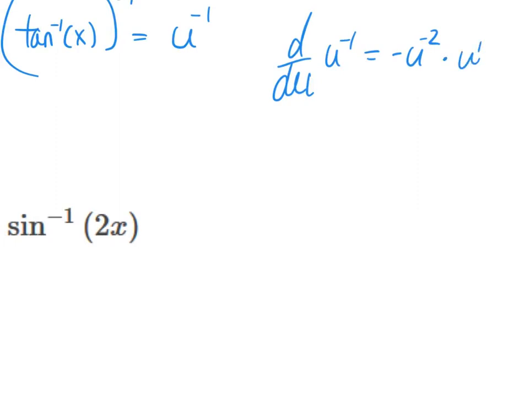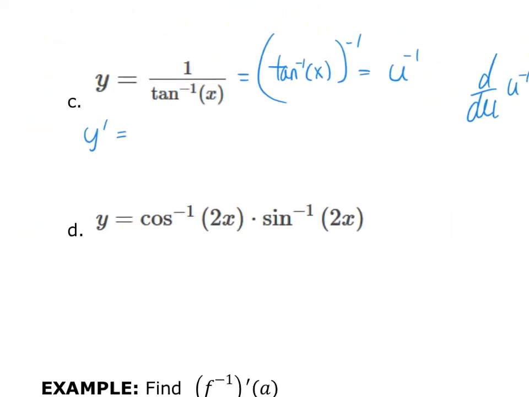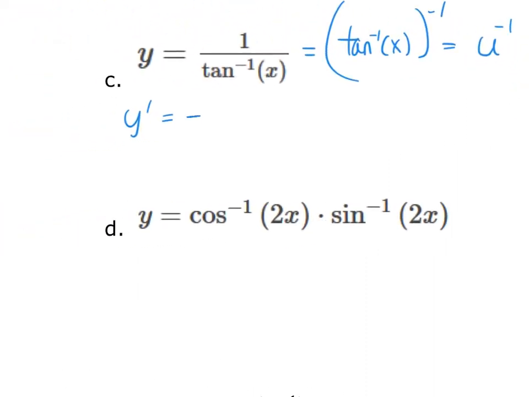If you chose that one, this is going to be negative the tangent inverse of x raised to the negative 2, and then multiplied by the derivative of the tangent inverse, which is 1 over 1 plus x squared.